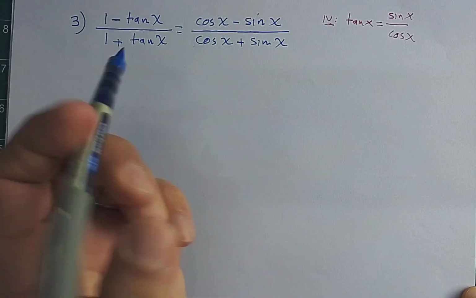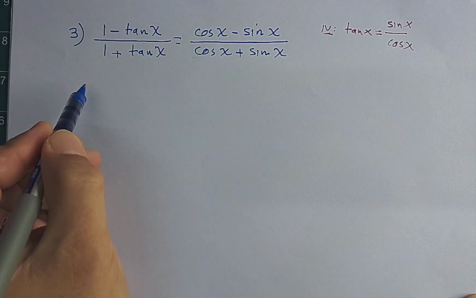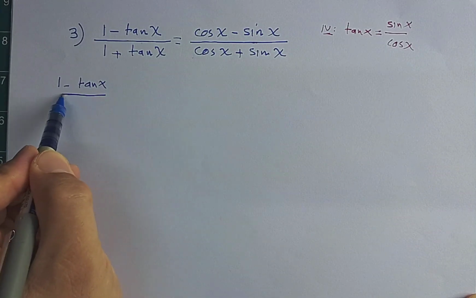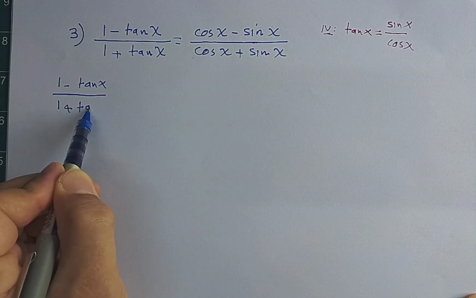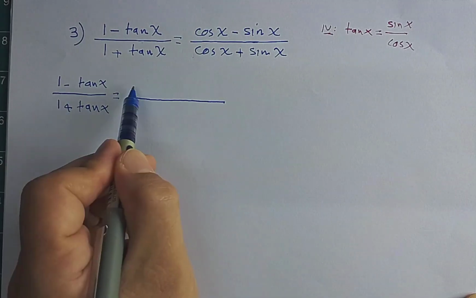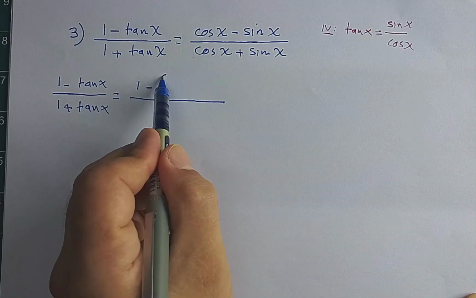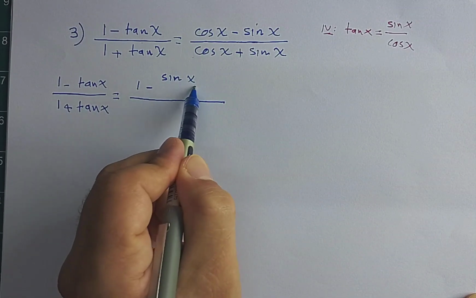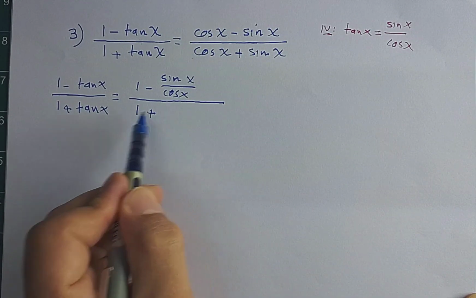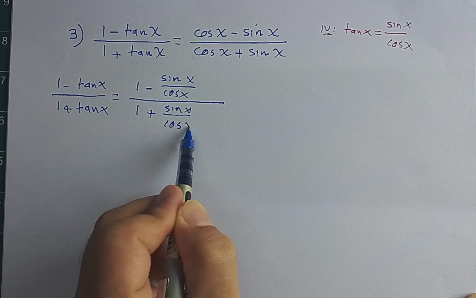So let's start with the left side. Here we have 1 minus tan x out of 1 plus tan x equal, I take the same 1 minus, but I change the expression of tan to sine x out of cosine x. The same thing here, we have 1 plus tan, I change to sine x out of cosine x.